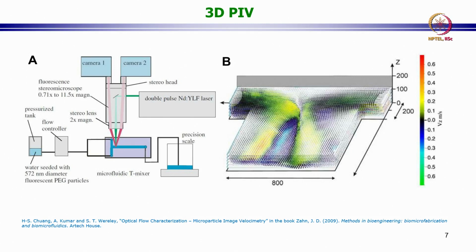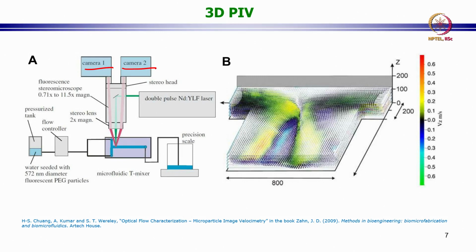That is usually done for confocal laser scanning microscopy, can be done for microscale flows, because you can have confocal microscopes which take very sharp images of a given plane. Alternatively, stereoscopic PIV, which uses two cameras at slight angles, that also can be used.